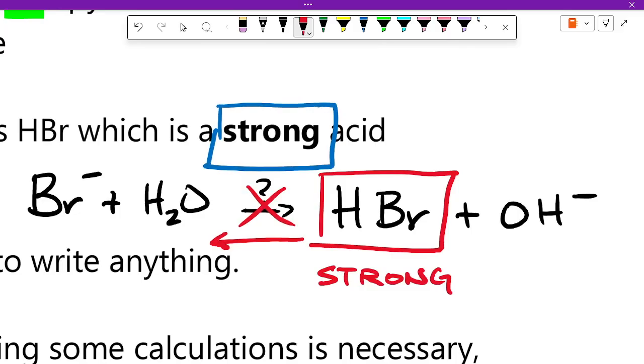Did you mean left? Well, I was thinking strong goes to completion. Strong goes to completion, but when it's going to completion, that means it's giving away its hydrogen. So that would be the reverse reaction. So it goes to completion, but it goes to completion the wrong way for it to hydrolyze, so there will be no hydrolysis. Okay?